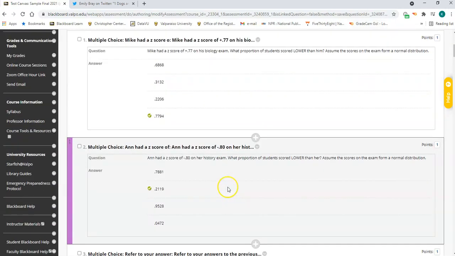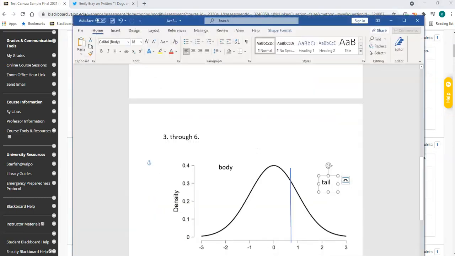Now this next question is asking about someone else, and their z-score is a negative 0.8. And this is a history exam, and that was a biology exam. It really doesn't matter, but that'll come up a little later. So negative 0.8, so let's go look at our picture again. Negative 0.8 would be on this side.